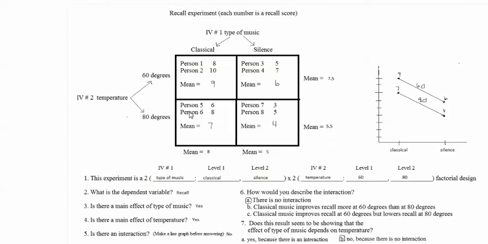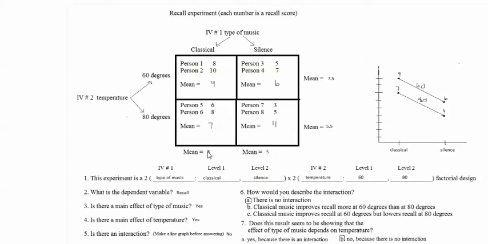And this says, is there a main effect of type of music? To be able to know if there's a main effect of music, you have to compare the mean of all 4 people in the classical column, which is 8, and the mean of all 4 people in the silence column, which is 5.